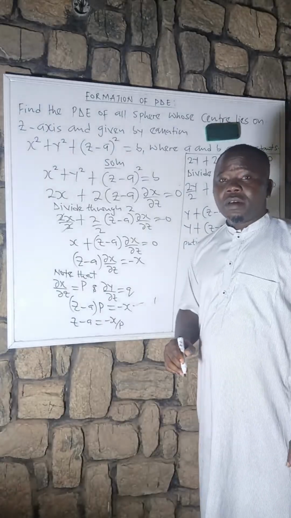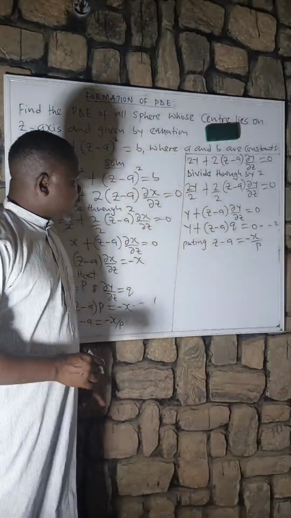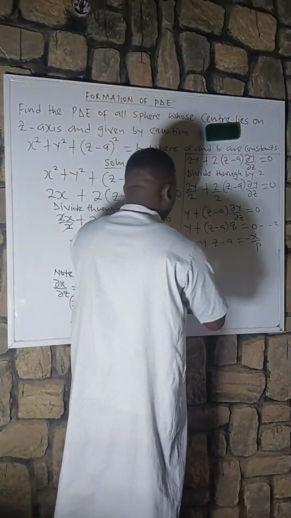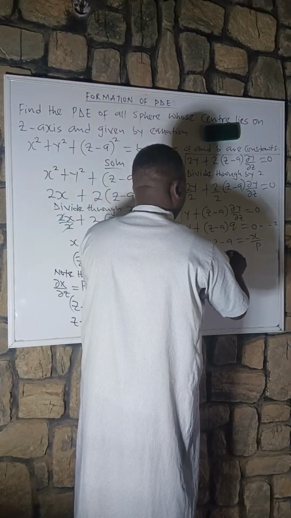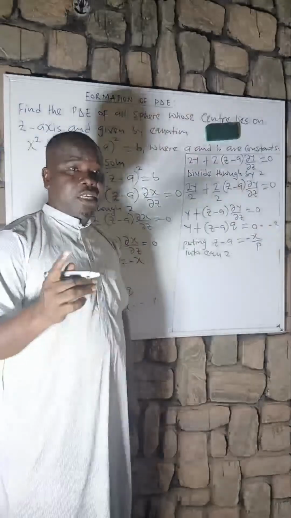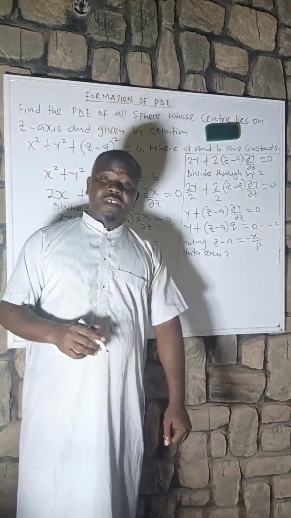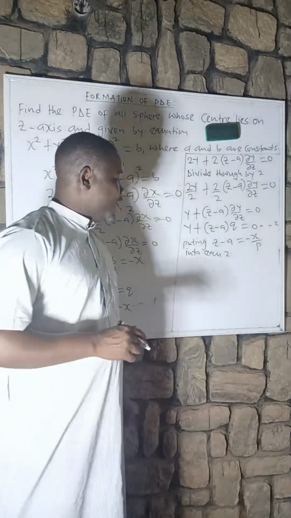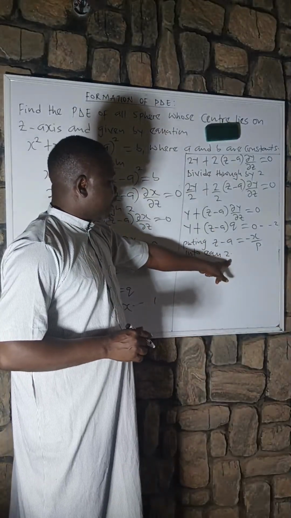So far so good. So if you can see, putting z equals to this into equation 2, you can see what I am saying, both in the spirit and physical, mathematically. Life of mathematics is always beautiful with Mr. O.C. So let's proceed.